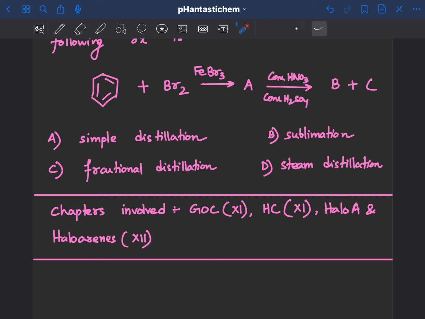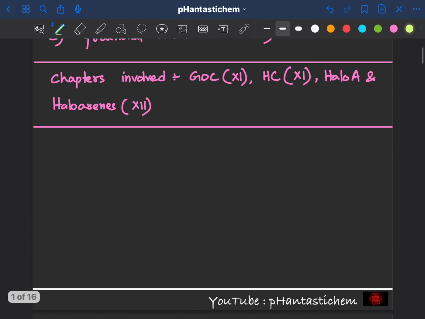So we should know about these separation techniques, and when they are employed or used. The first one is simple distillation. Distillation involves conversion of liquid into vapors by heating, and then condensation of those vapors by cooling.